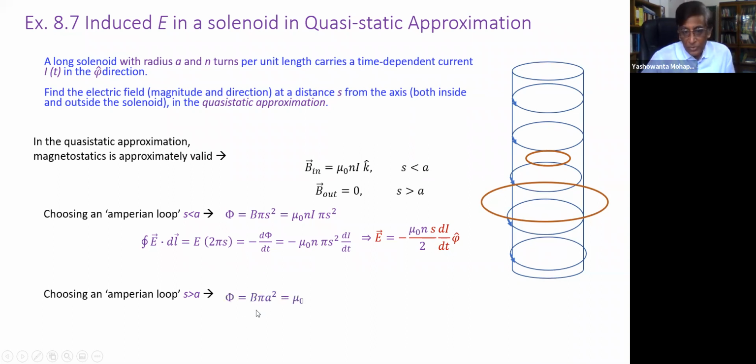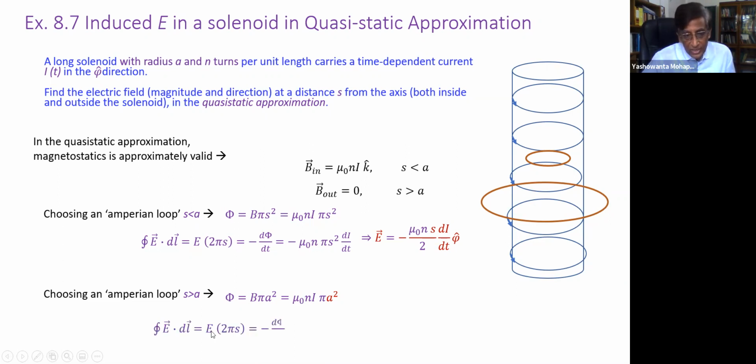So the flux phi is now B times pi a squared, where a is the radius of the coil. So mu naught n I pi a squared; the total flux is only inside the solenoid, but there is still an electric field getting induced in this circle.